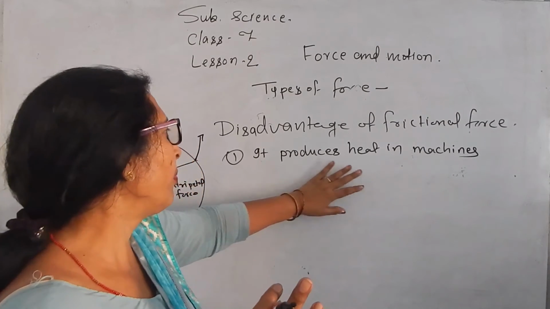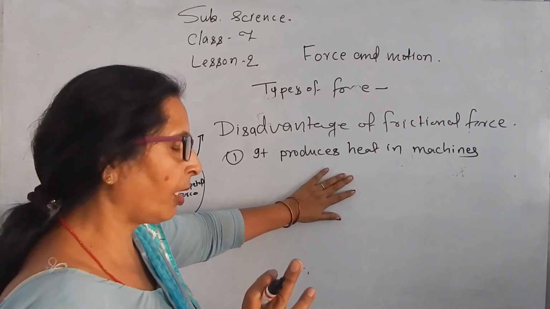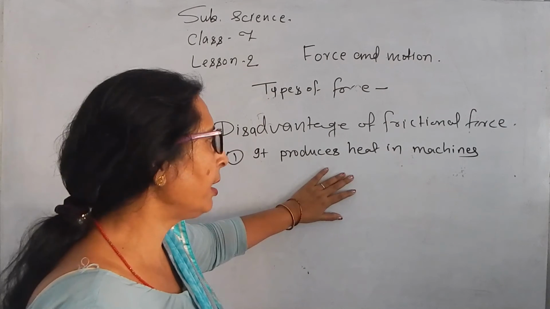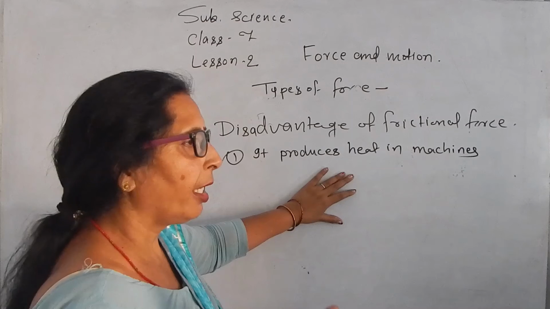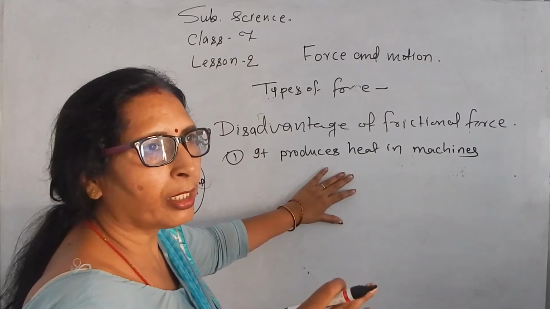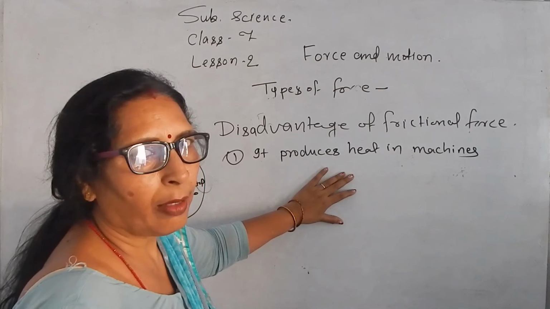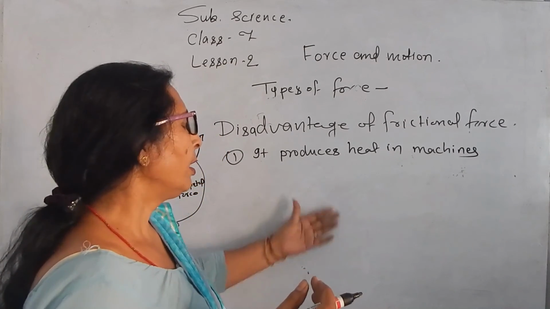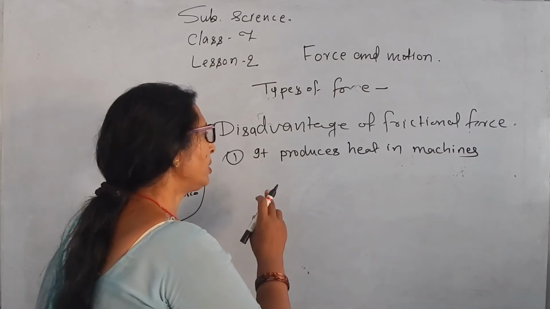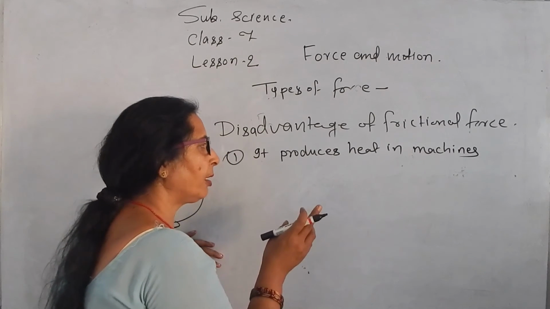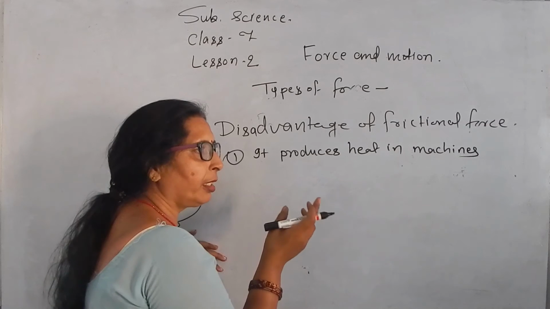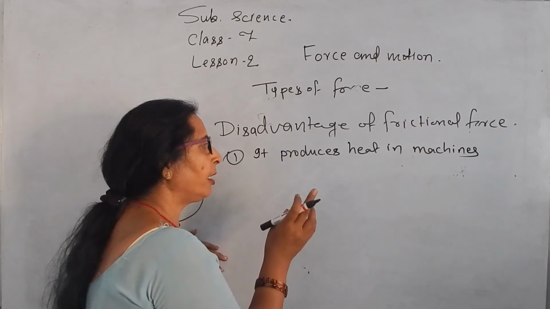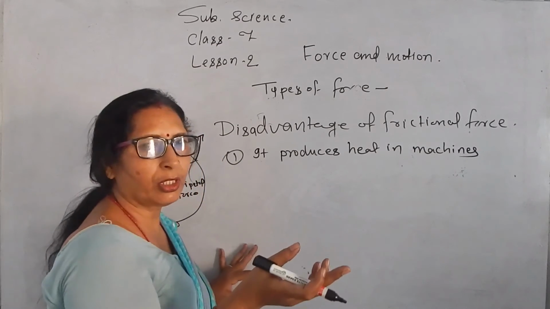The main reason is that friction uses energy to produce heat, and whatever energy is left is our efficiency. So frictional force always reduces the speed of motion, reduces the efficiency of machines, and produces wearing and tearing in the machine.